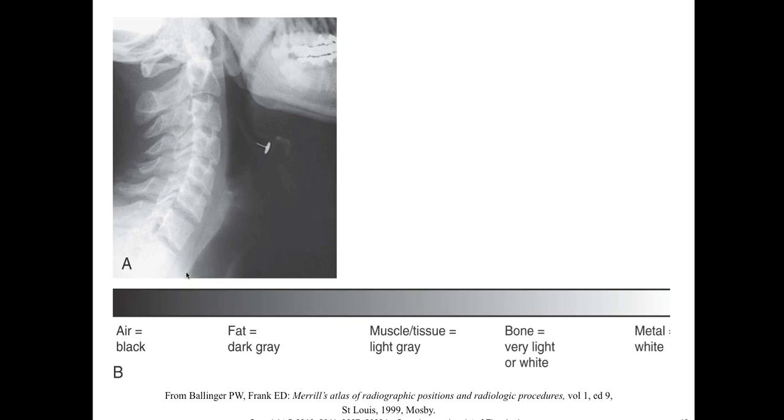And then we have our muscle tissue that is showing up as a light gray. For example, here would be your esophagus in this light gray, and down in here. And then our bone is going to show up very light or white. So this is more of a radiopaque type of penetration. And lastly, if we have any metal like we do here with this thumbtack, it's going to show up as white.